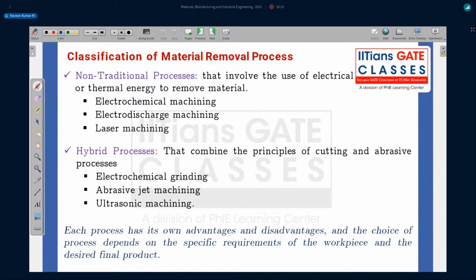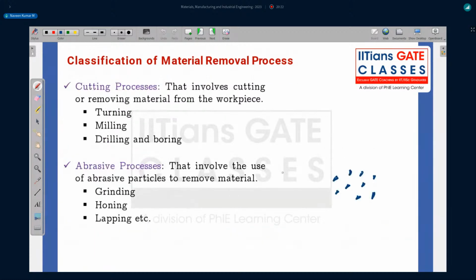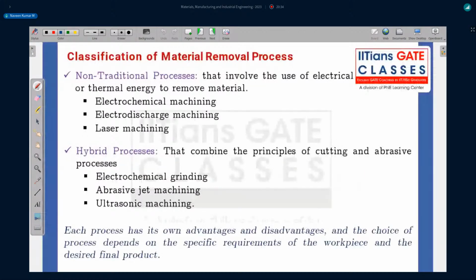Also, in the previous process, there is physical contact between the workpiece and the tool. I mean, the tool has to touch or contact the workpiece for the material to get removed. But here, it's not required. In non-traditional processes, it may or may not be required. Generally, it is not required.